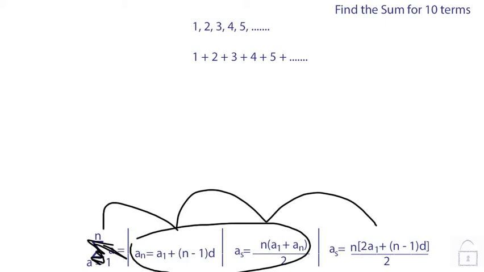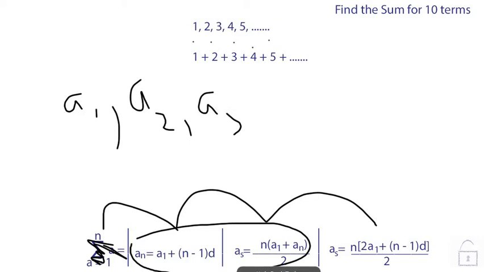So in your series, you have all these terms. You got this first one, you got this second one, third one, fourth one, and your fifth one. Well, your first one is going to be a sub 1. Then your second one is a sub 2. Then your third one is a sub 3. That's a terrible 3, guys. A sub 3, there we go. Now a sub 4.